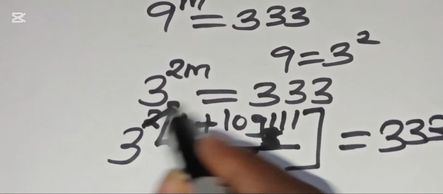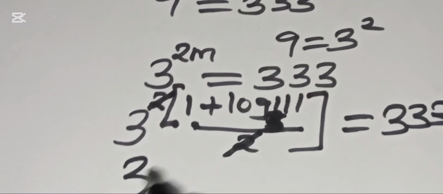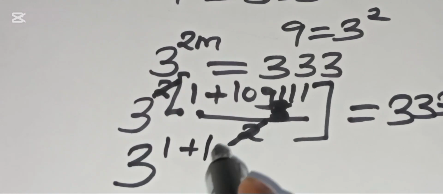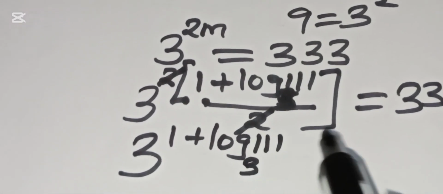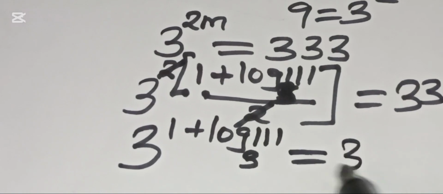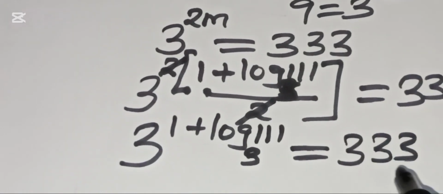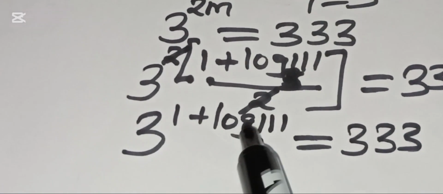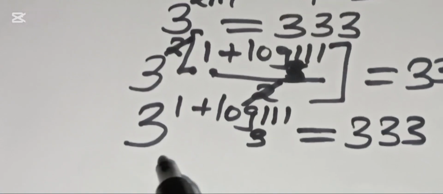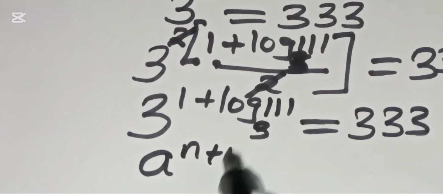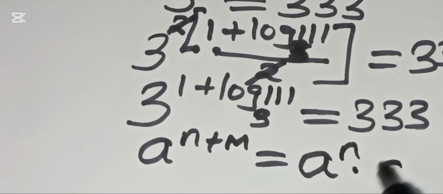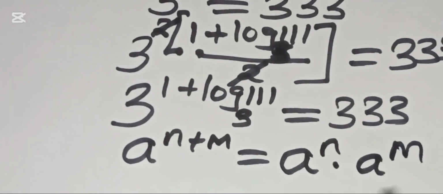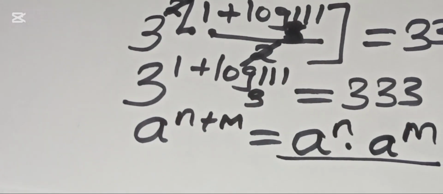These two simplify, so we have 3 raised to power 1 plus log 111 to base 3, supposed to give us 333. This is in the form of a raised to power n plus m, which you can transform as a raised to power n multiplied by a raised to power m.